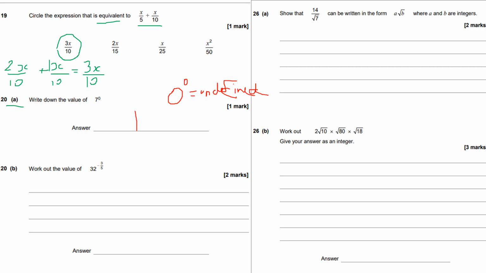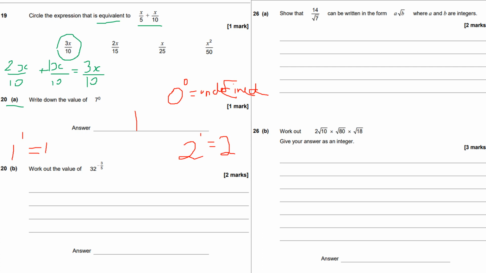And another fact in maths, anything to the power of 1 is just itself. So 1 to the power of 1 is 1. 2 to the power of 1 is 2. So anything to the power of 0 in maths is equal to 1, excluding 0 to the power of 0, and anything to the power of 1 in maths is just itself. So some important facts here to remember.